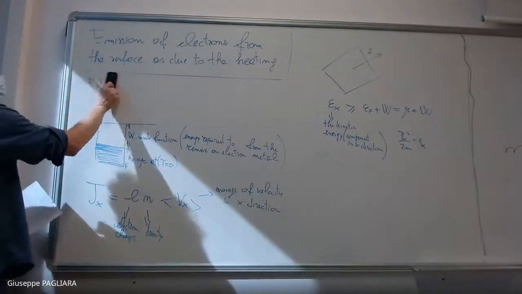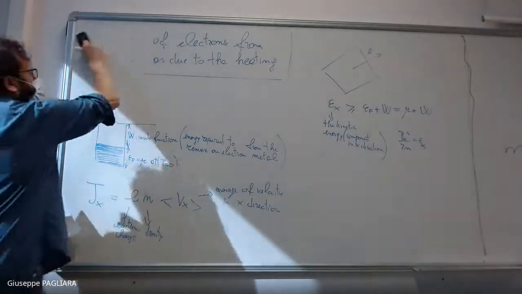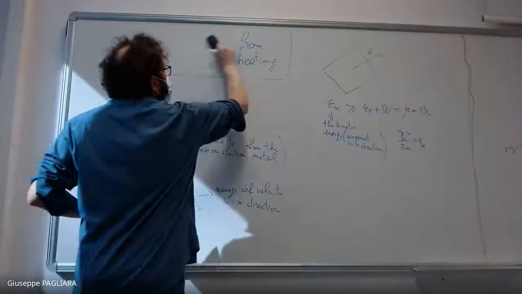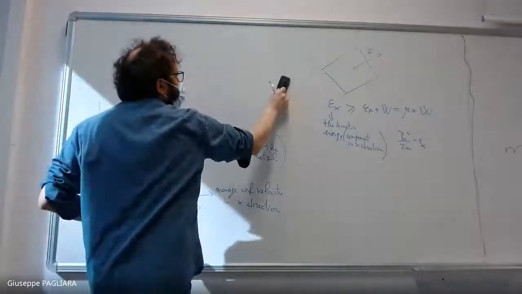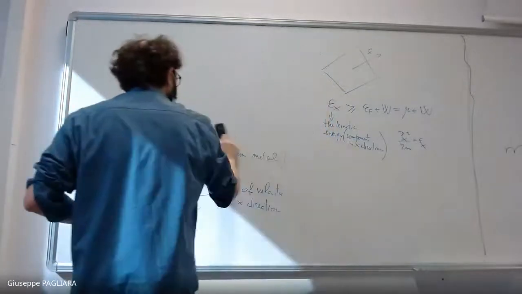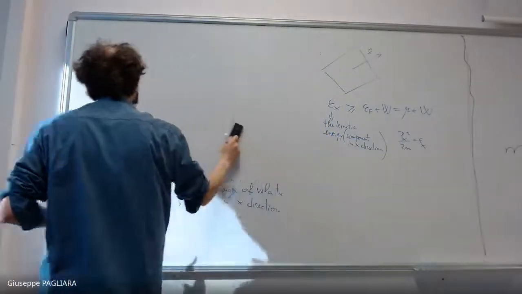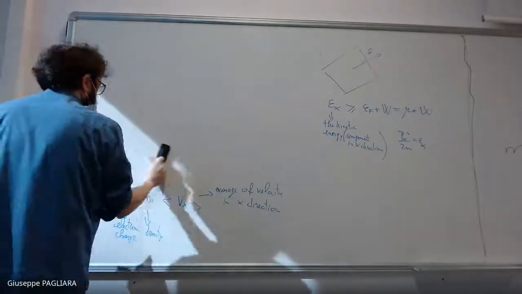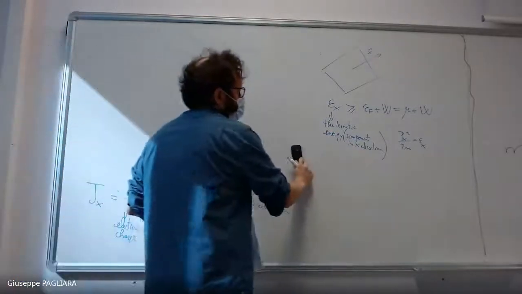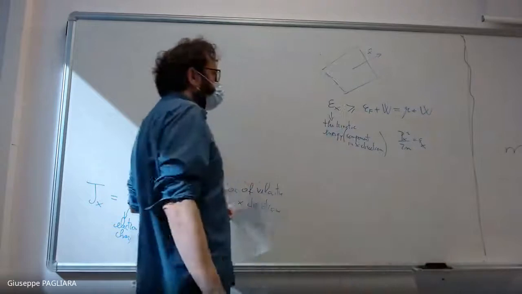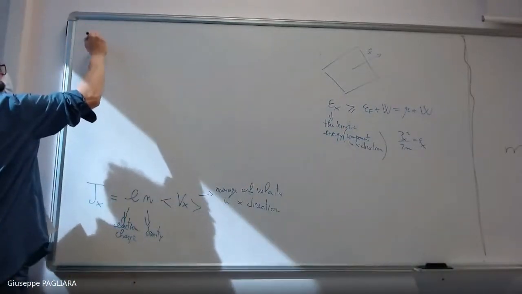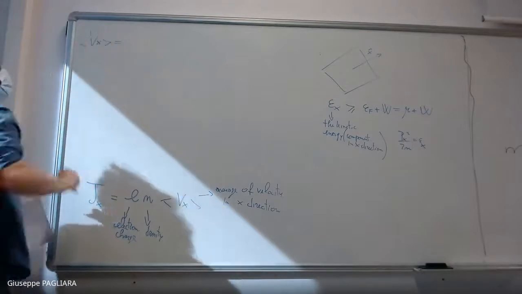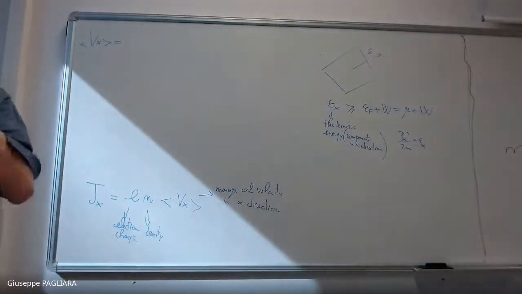So let me remove this, and let's try to write down this average. So Vx, the average, is equal to the following.